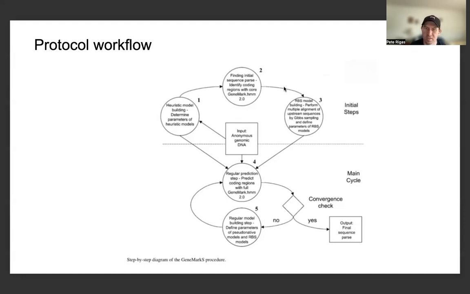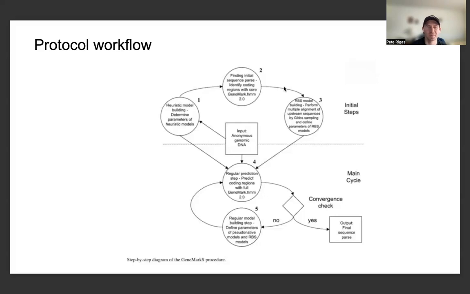The third step, which is the final initial step for the preprocessing of the algorithm, involves the RBS model building. So we're looking to initialize some parameters that can help us determine different types of sequences of interest, and then from this, after having some DNA as input, being able to make some useful predictions.